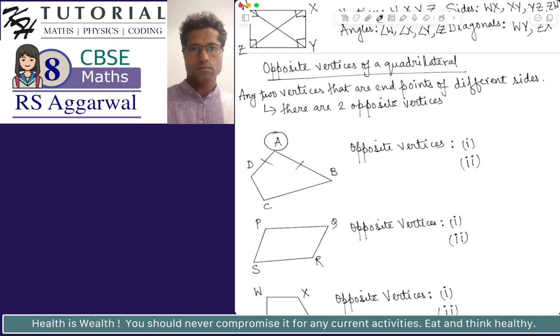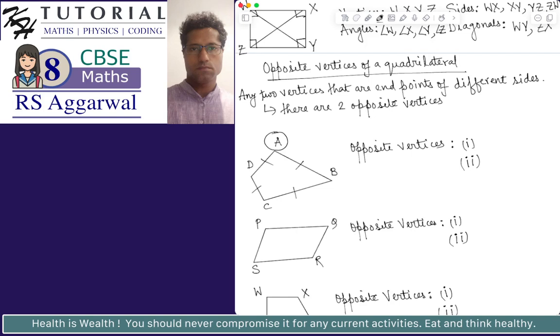So definitely vertex A cannot be an opposite vertex to D and B. Vertex A has to be opposite to C, because C is the only vertex which is an endpoint of the sides CD and BC, which are different from the sides AD and AB.